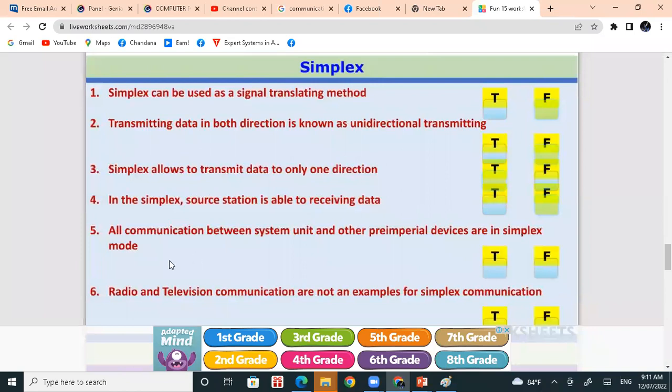Next one, all communication between the system unit and other peripheral devices is in simplex mode. True or false?